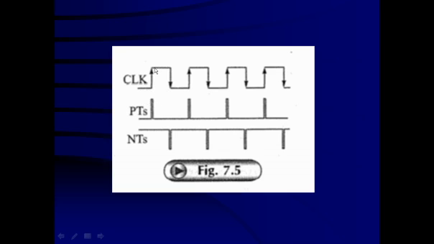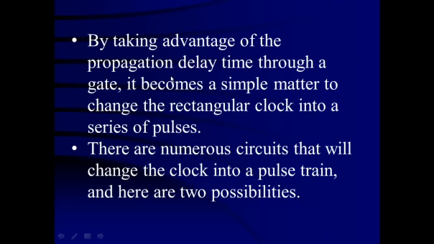And at the rising edge of the clock pulse, the pulse which occurs also occurs at regular intervals of time, because at every rising edge of the clock pulse, these pulses are going to occur. So, they are also perfectly periodic, and they can be utilized as clock pulses in edge triggered circuits. So, this is positive edge triggered, and this is the negative edge triggered, which occurs on the trailing edge of the clock pulse.